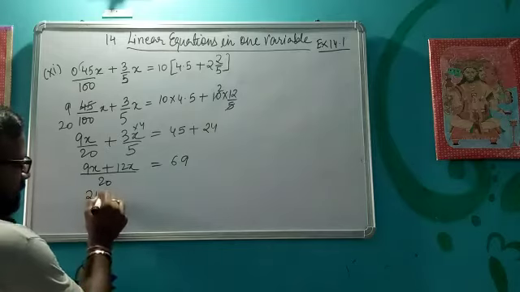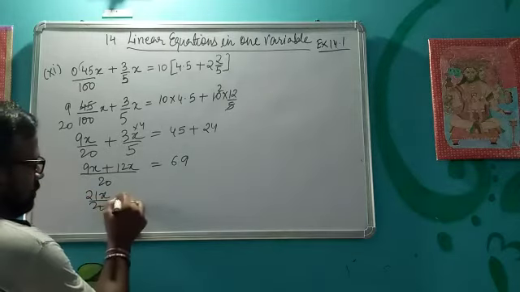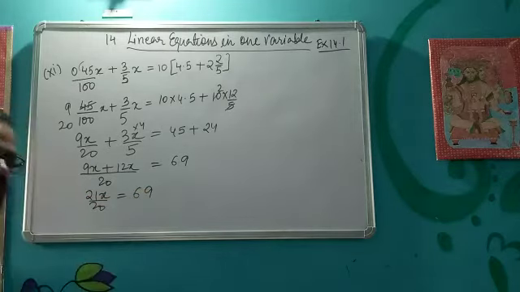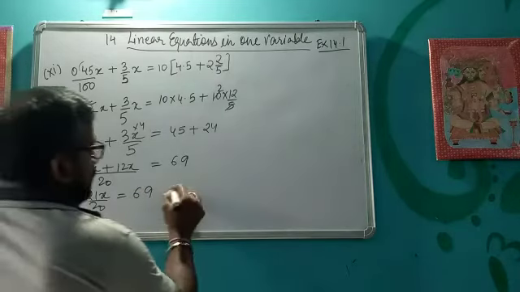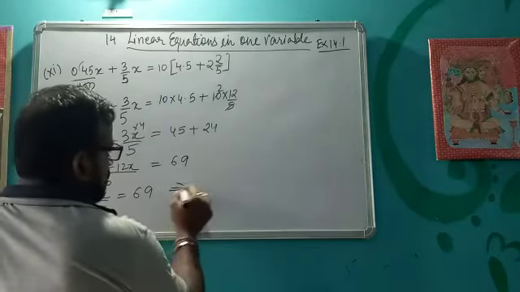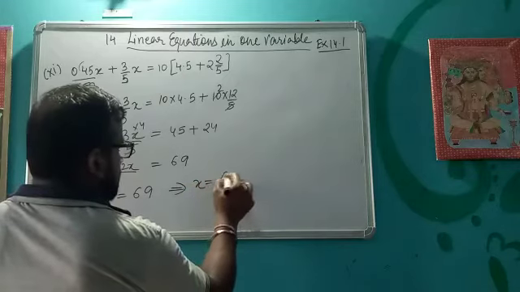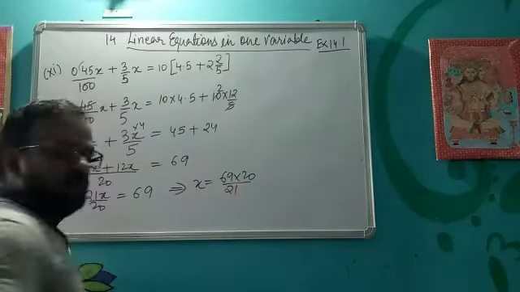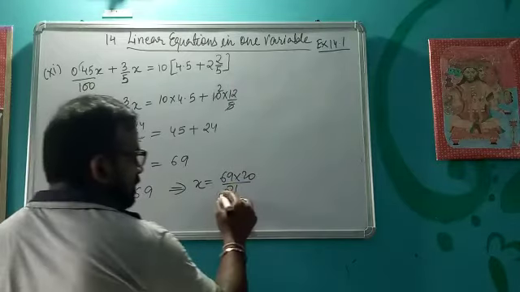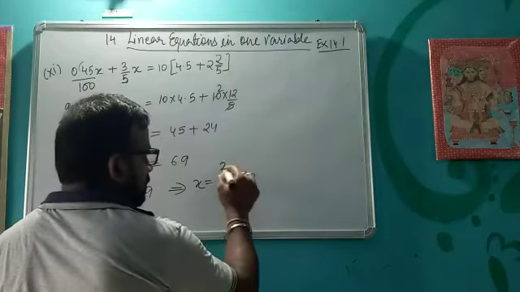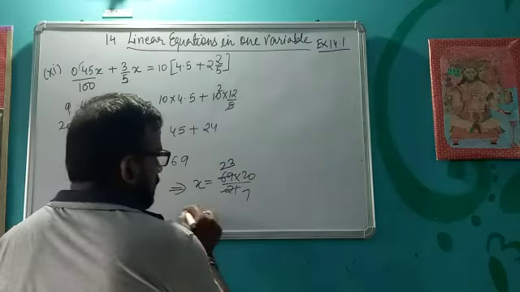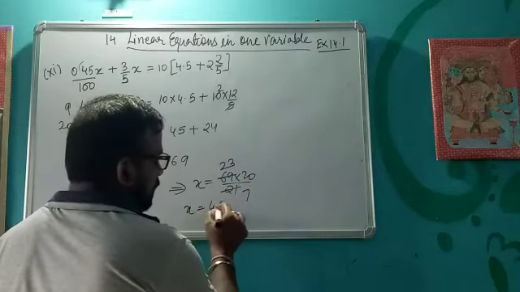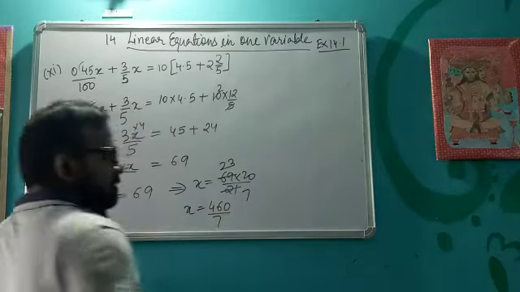So 21x upon 20 is equal to 69. So from here, what is the value of x? X will be 69 into 20 upon 21. Let's do some simplification. 3 into 7. So finally, you will get x equal to 460 upon 7.